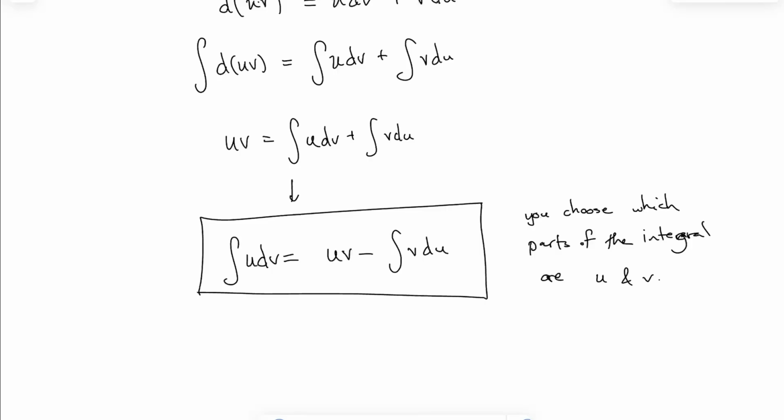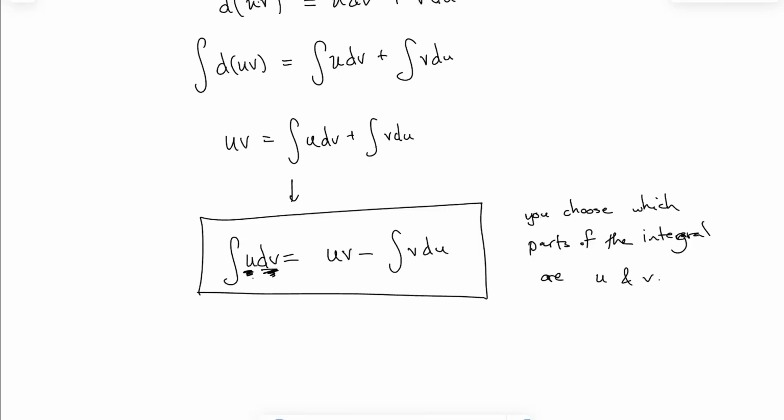In the integration by parts, you have to look at the integral and decide for yourself. Actually, there are two main parts.